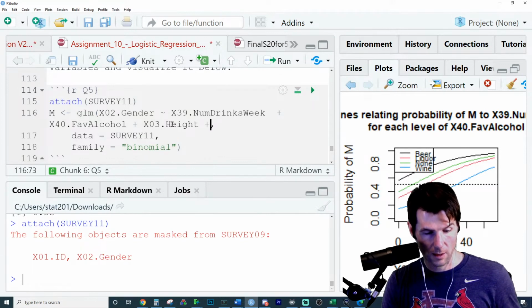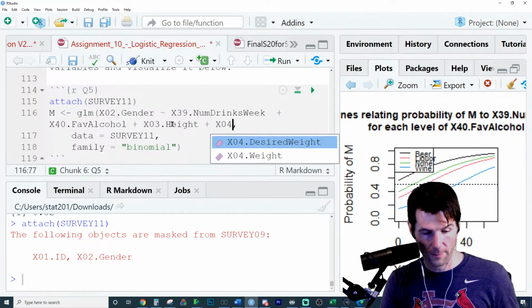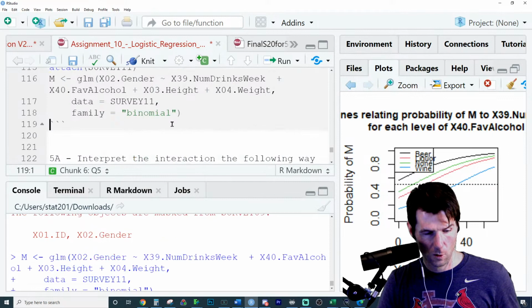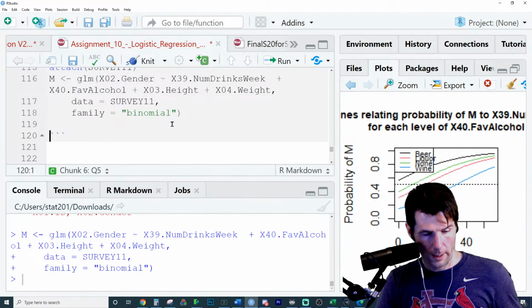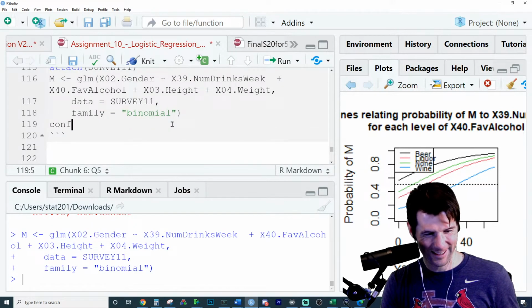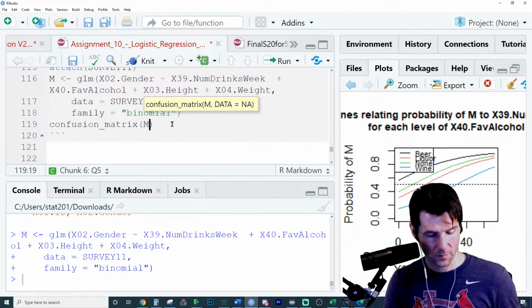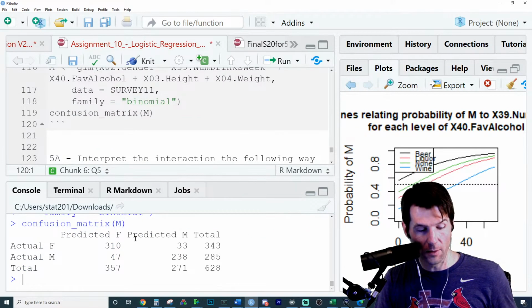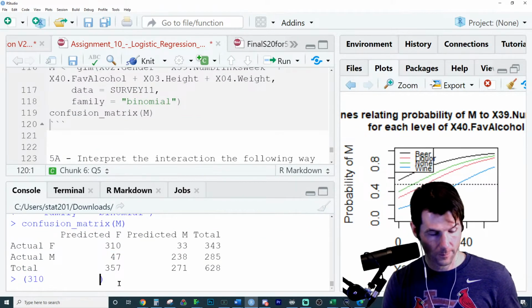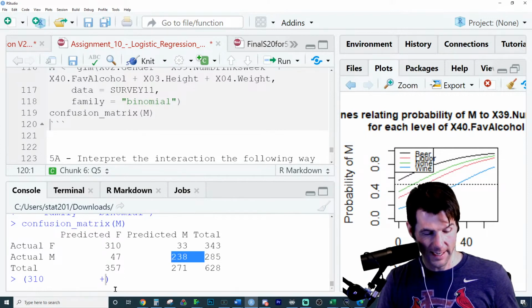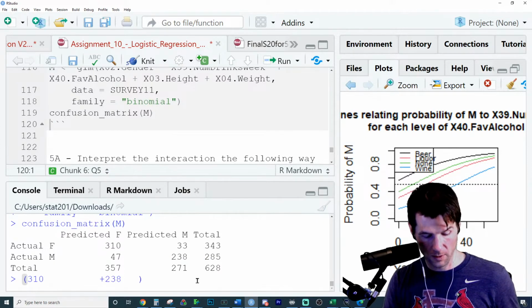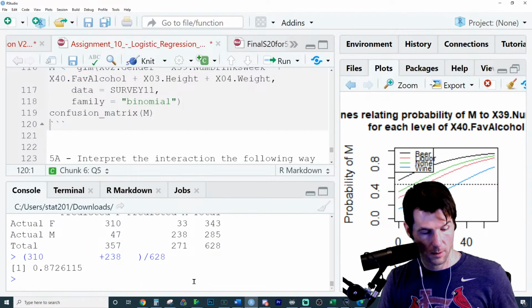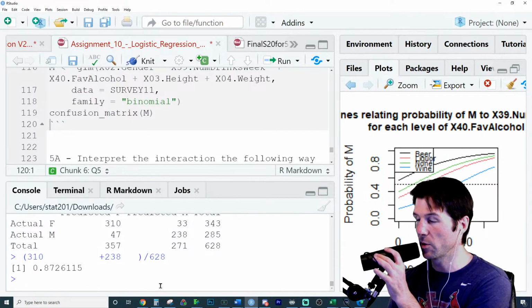It might not be in the same data frame. Confusion matrix. Yeah, now the model does way better. Now the model misses by about 13%.